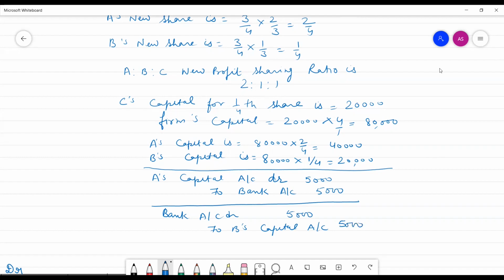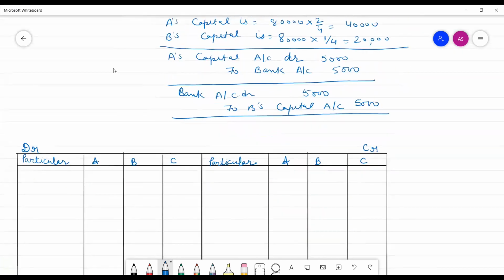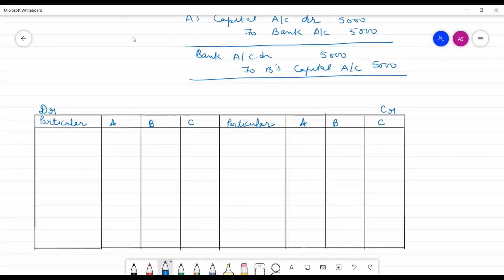Here the account is related with this. The capital of A and B, which is given in this statement, is 45,000 of A and 15,000 of B. And C's capital is by bank, that is 20,000.